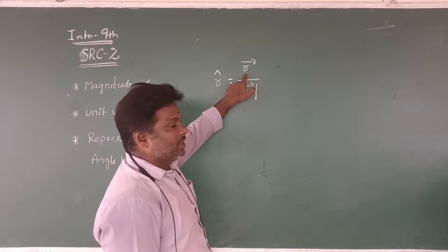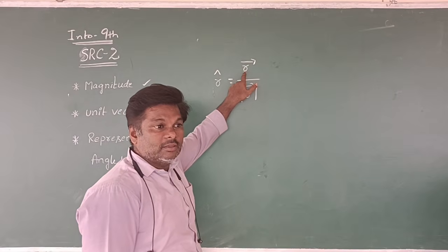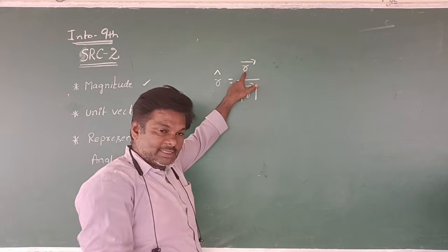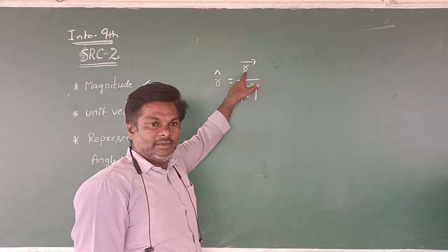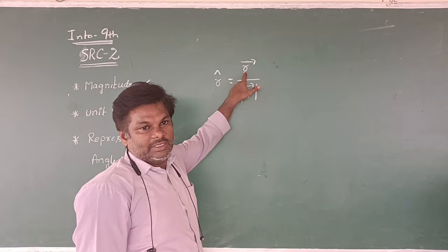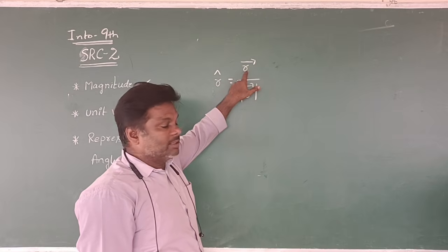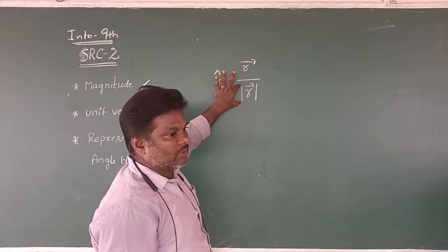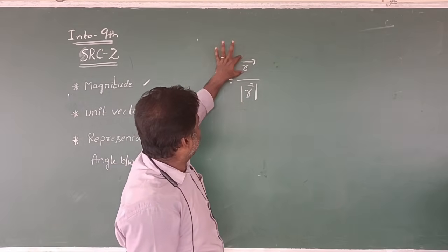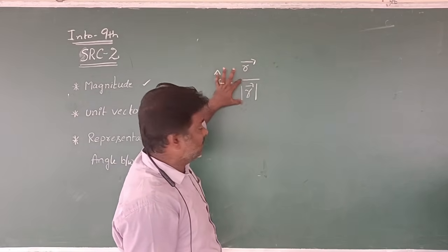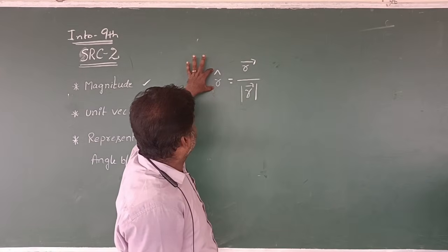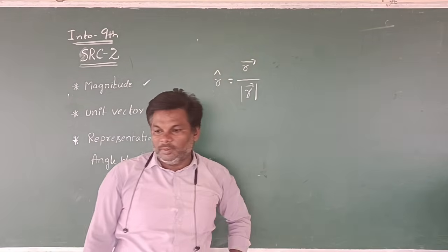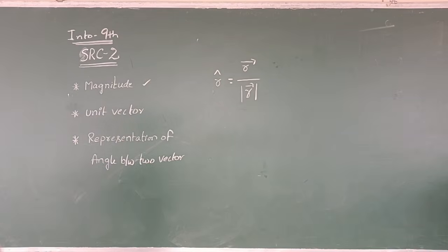Every vector means R bar; you can take V bar, F bar, P bar, S bar, A bar, all are vector physical quantities. If you take this form, that means given vector by magnitude of given vector, then you get the transformation from R bar to R cap. So R bar is converted into R cap.